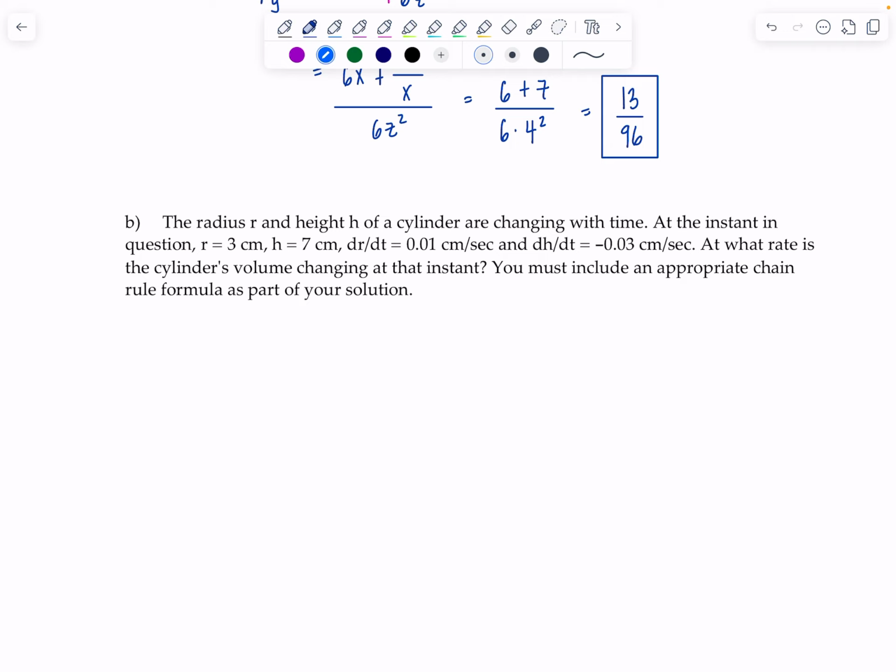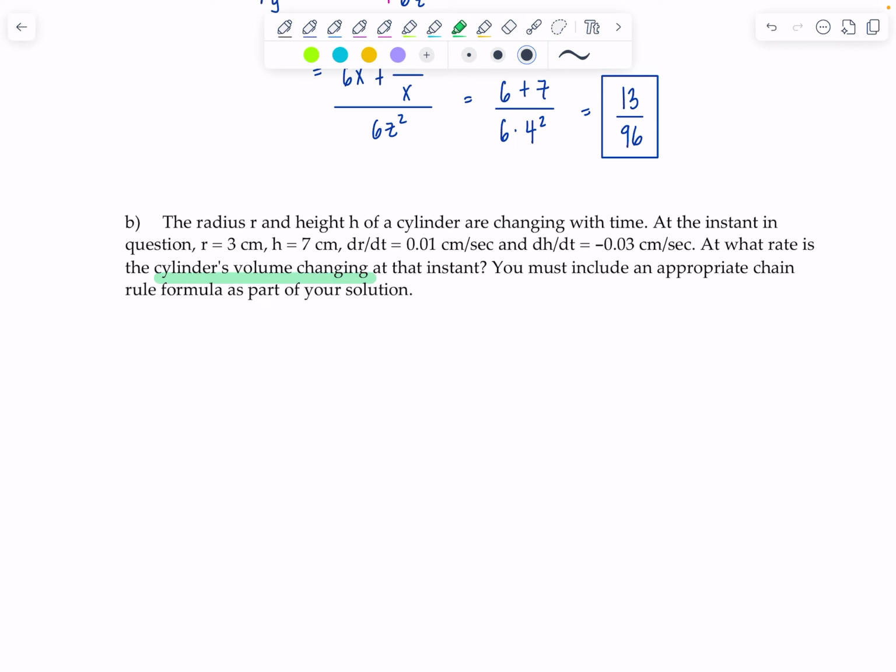Okay, at the instant in question, R is 3 centimeters, H is 7 centimeters, dr dt is 0.01 centimeters per second, dh dt is negative 0.03 centimeters per second. At what rate is, here's the clincher, the cylinder's volume changing at that instant? You must include an appropriate chain rule formula as part of your solution.